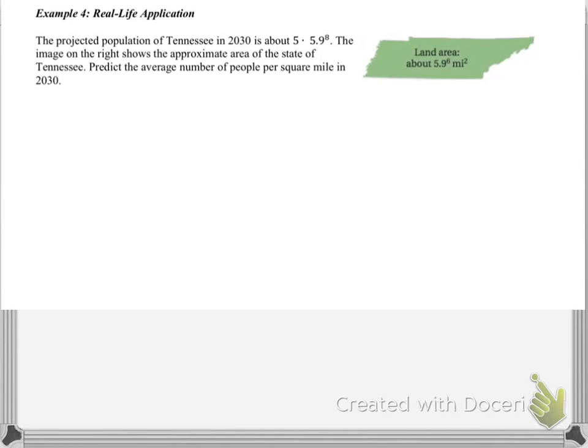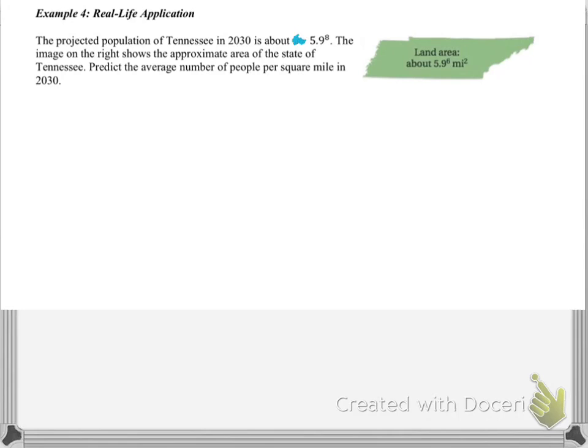Predict the average number of people per square mile in 2030. You know what? There might be a typo here. I don't think this is supposed to be here. I think it's just 5.9 to the 8th in the problem. Sorry about that. So per square mile, predict the average number of people.